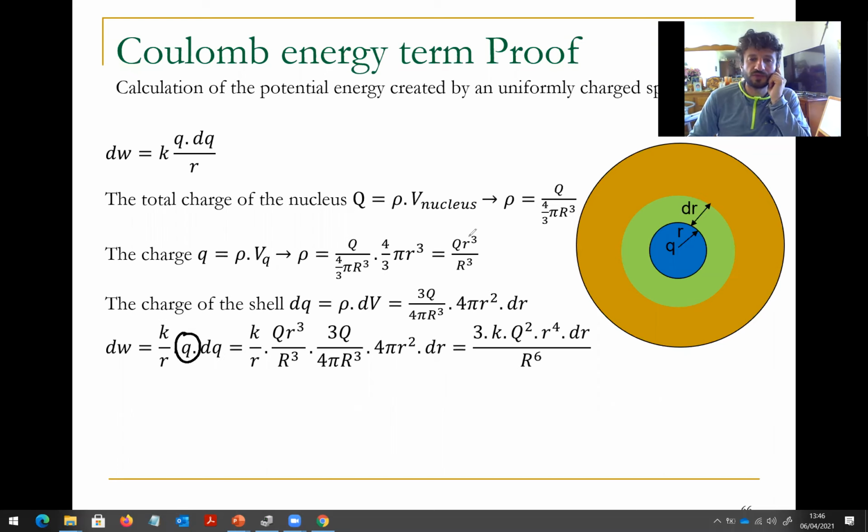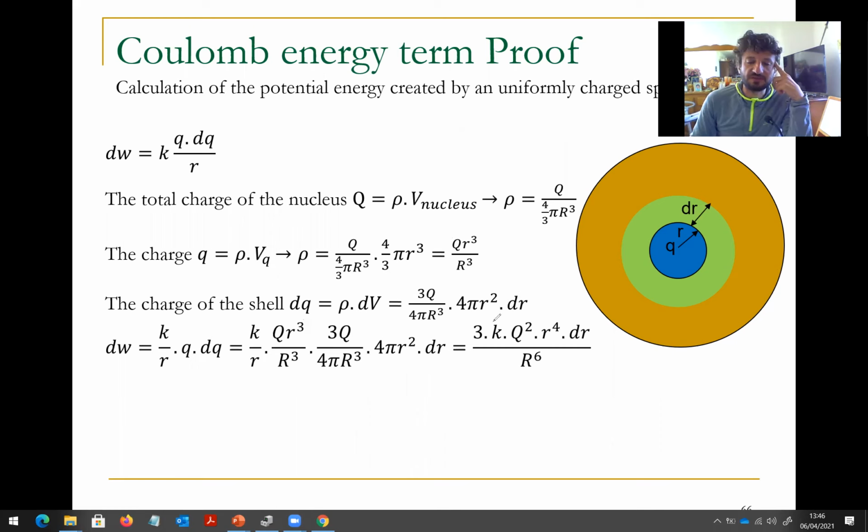Small q equals capital Q r cube divided by R cube, times dq.